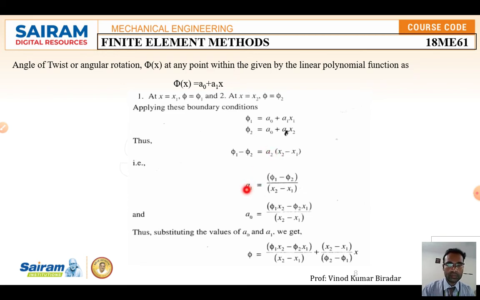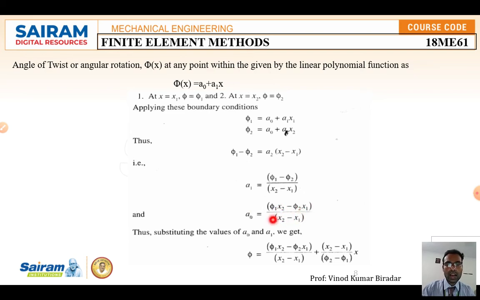If you simplify, a1 is equal to phi 2 minus phi 1 whole divided by x2 minus x1. Then we substitute this a1 value in either of the equations, and you get a0 is equal to phi 1 x2 minus phi 2 x1 whole divided by x2 minus x1.